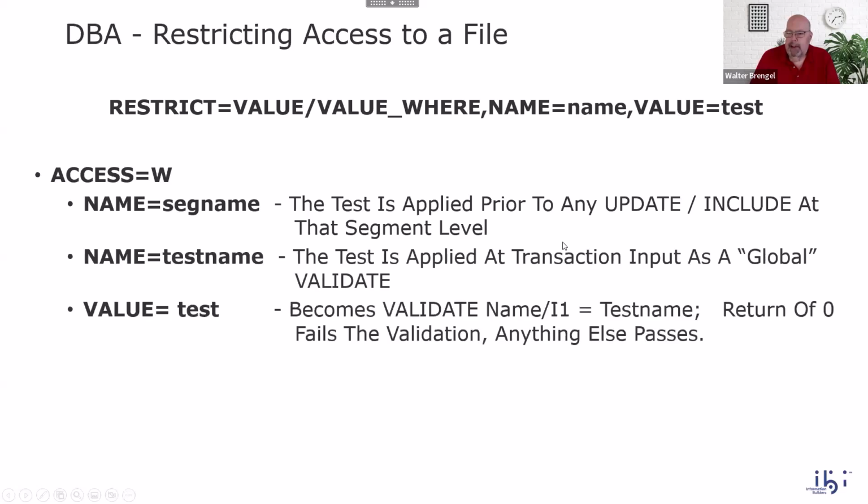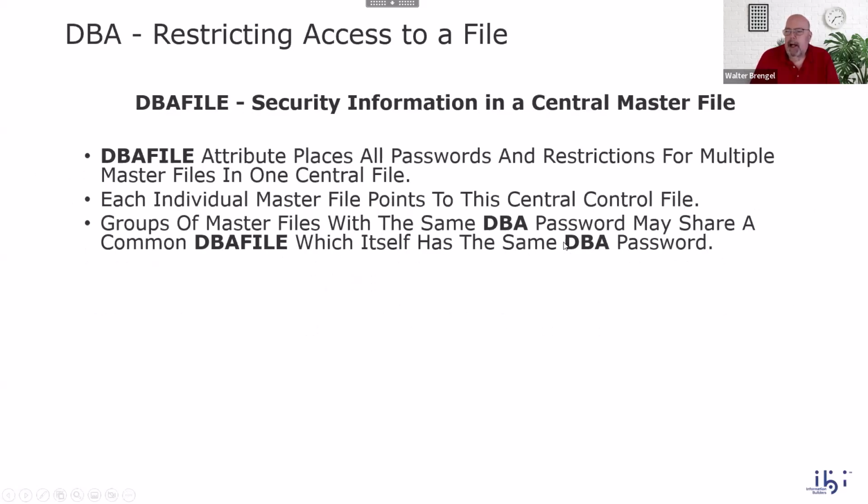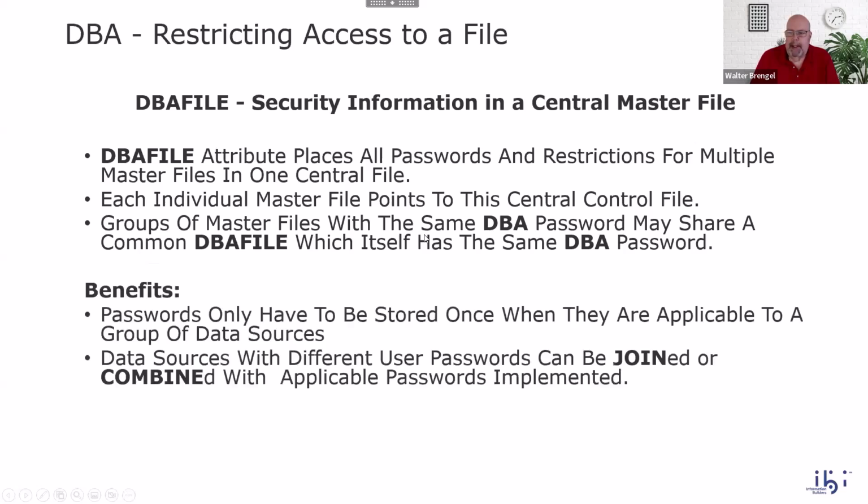We got rates. Each individual file can have its own DBA inside of it, or you can store all of your DBA information for all of the files in your application in one DBA file. That centralizes everything into one place and makes it easier to maintain.